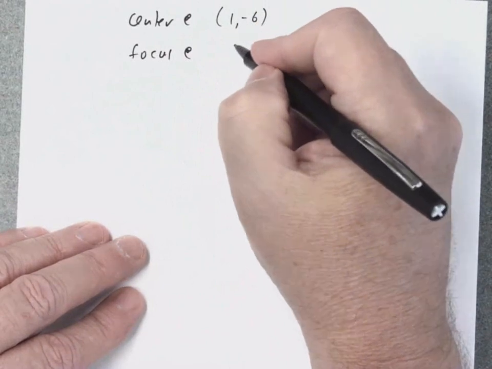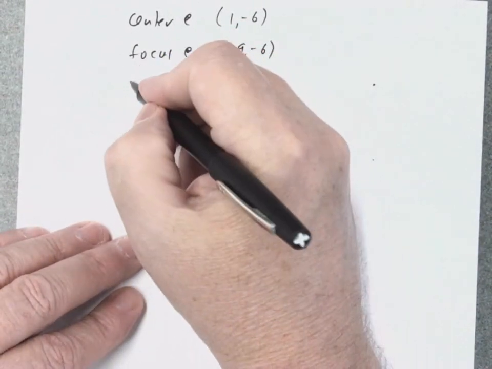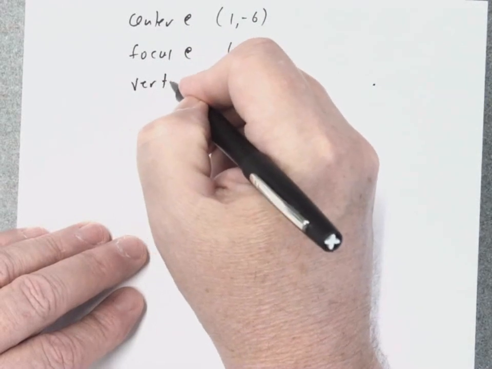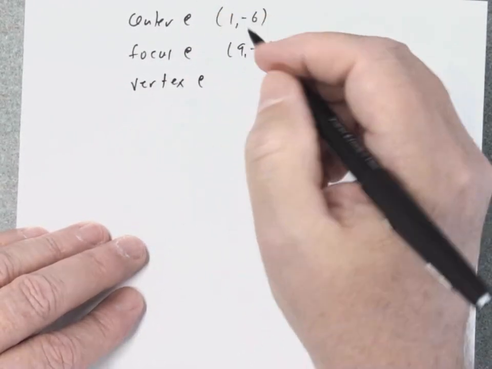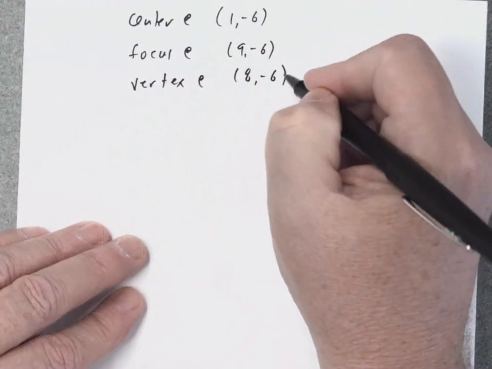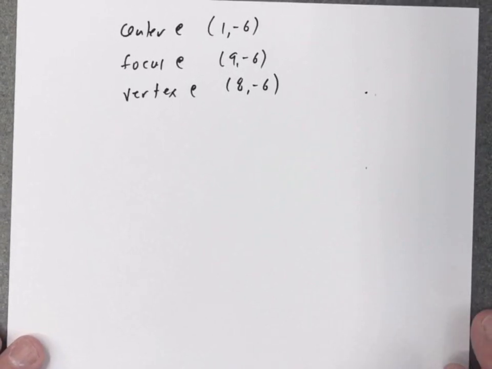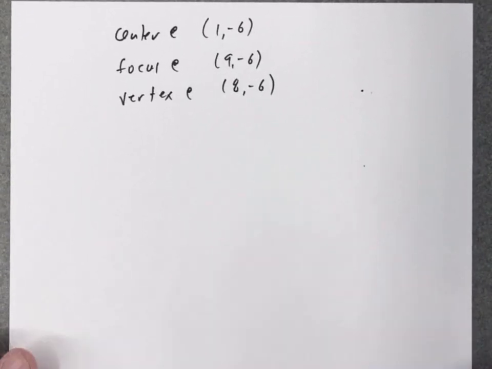The focus is at (9, -6). You have a vertex at... So let's sketch these points quickly, and then we'll probably be able to see what kind of hyperbola we're going to have. So the center, (1, -6).